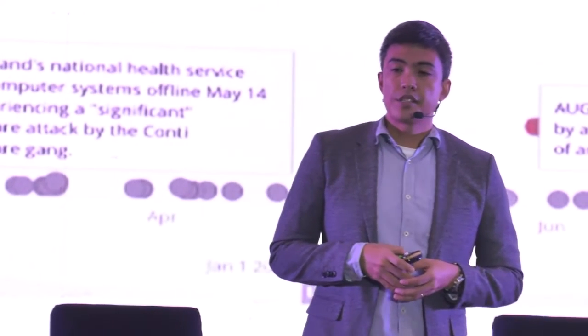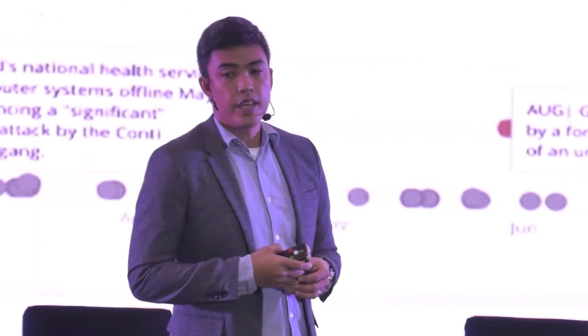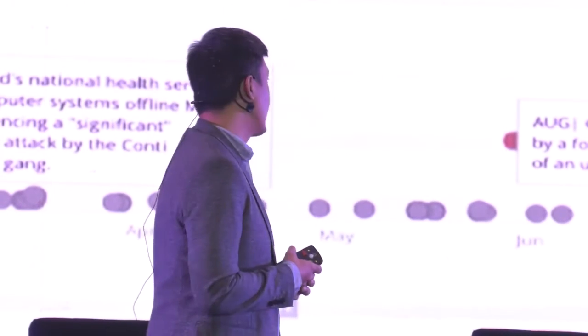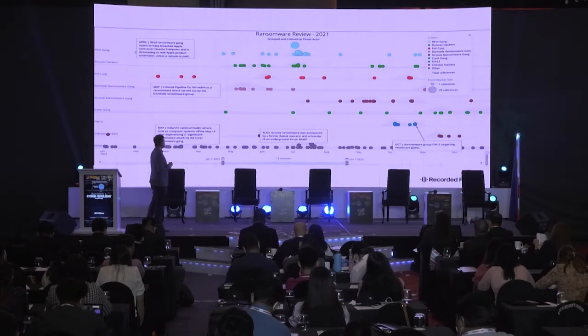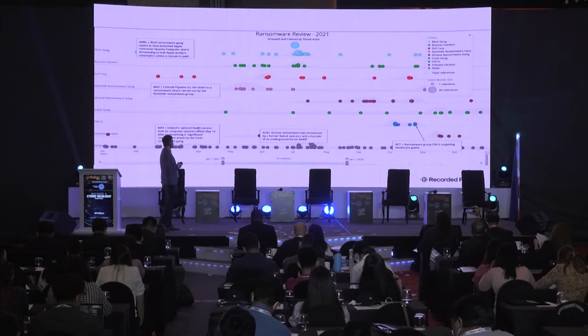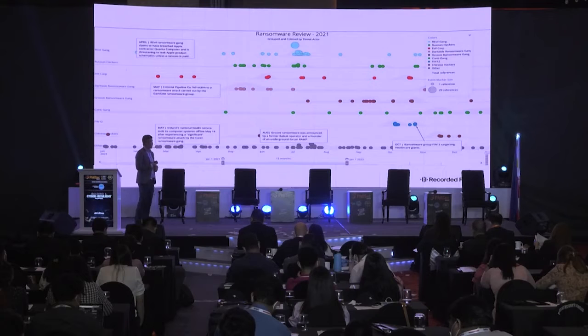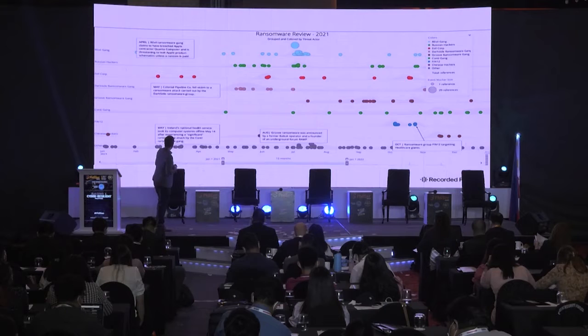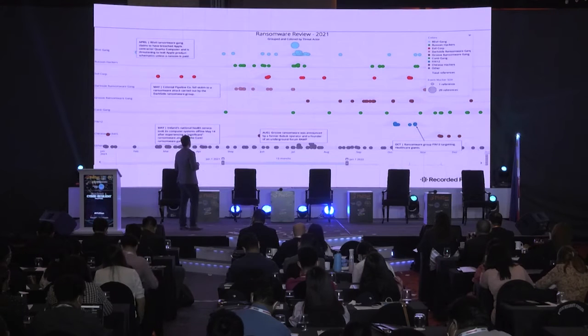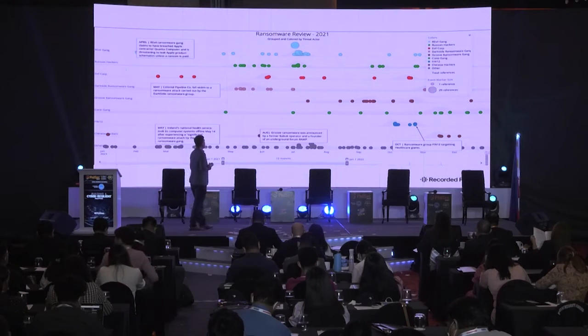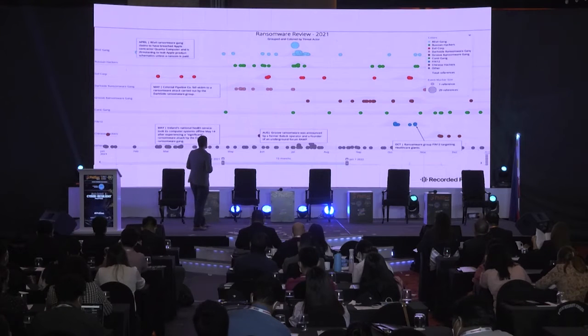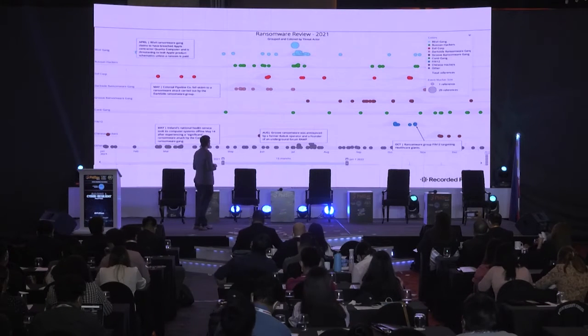So this is one of the sample queries that we did on our Recorded Future platform. We searched for the ransomware review for 2021, and it will show you in real time which threat actors, and from what month until what month of the year, they were exploiting in the wild.